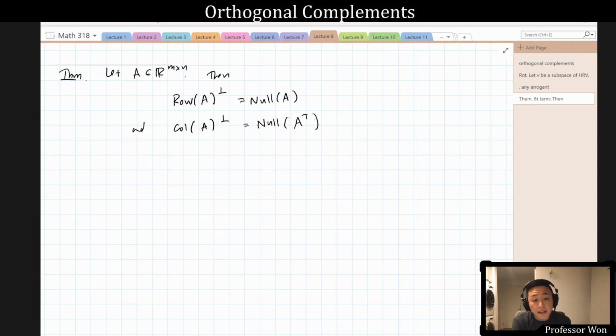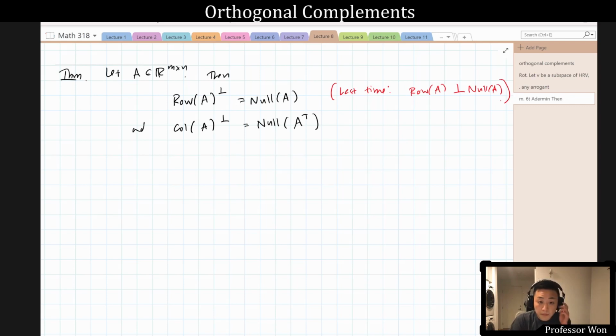Okay, so notice that this is a stronger result than what we proved last time. Let me write down what we proved last time. Last time we just proved that they are orthogonal to one another. Today we're going to show that they are actually orthogonal complements.